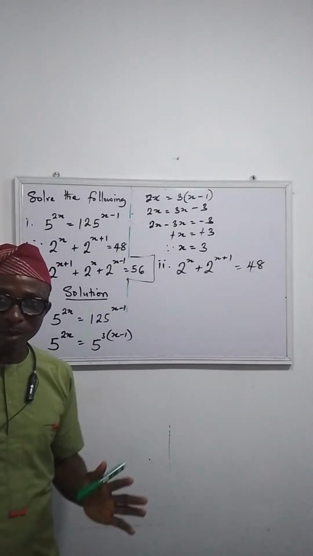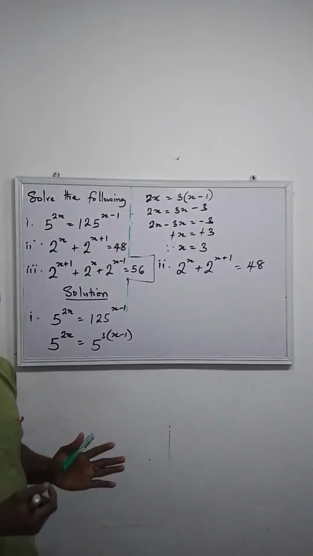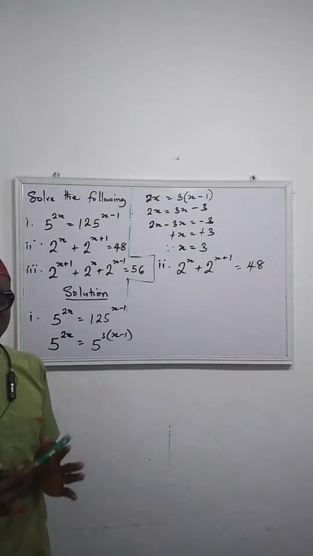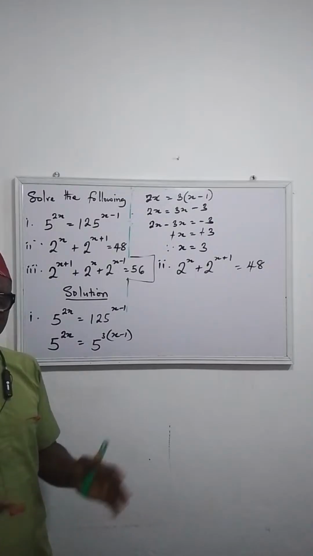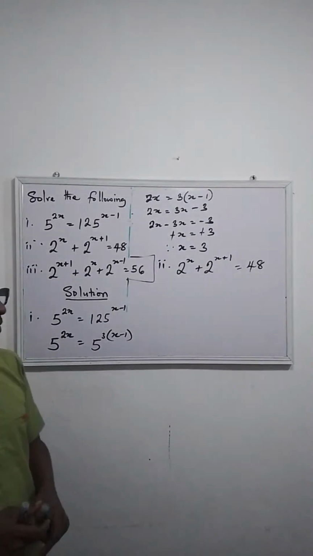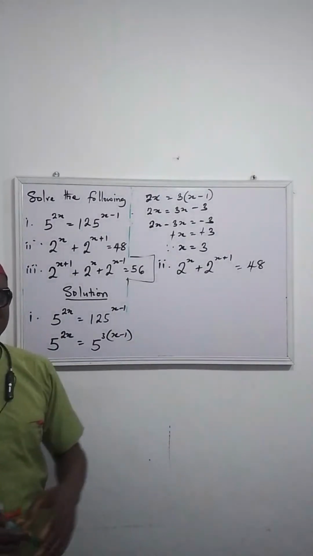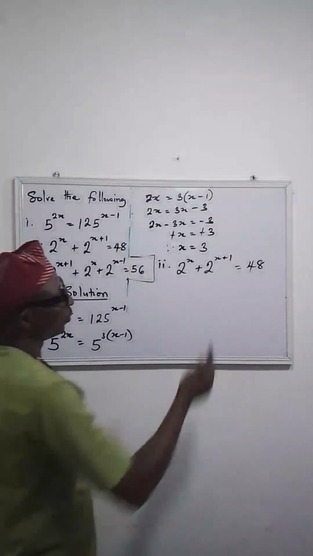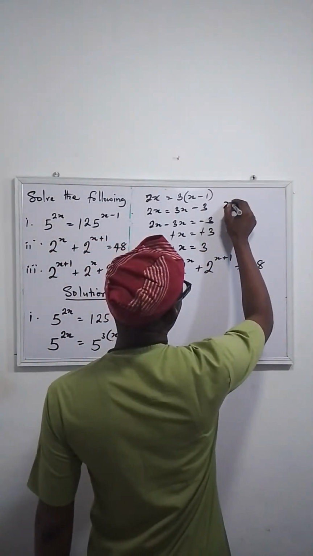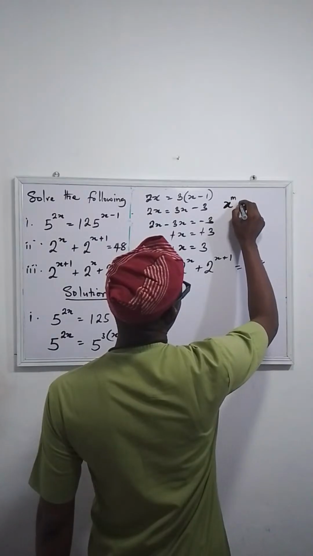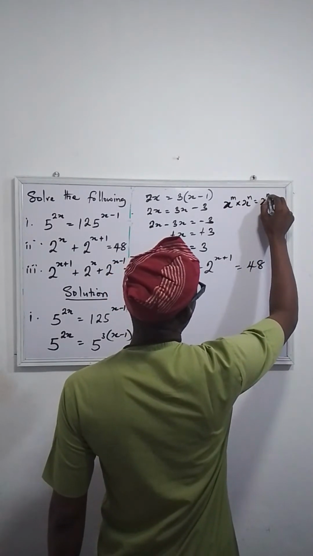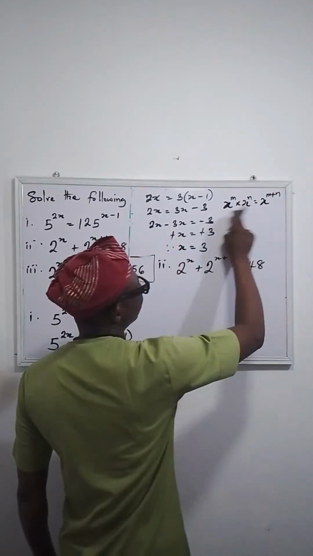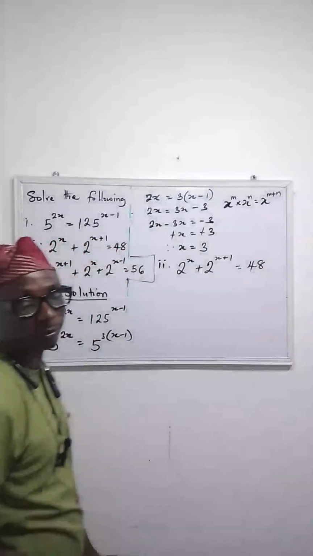What comes to mind is one of the laws of indices, the law of multiplication. So you apply the law of multiplication. What is this saying? When you have x raised to the power of m times x raised to the power of n, the result is x raised to the power of what? m plus n. So when multiplying, you add the powers.